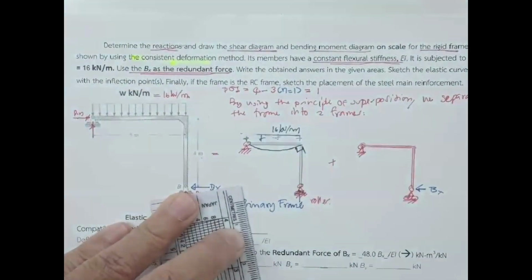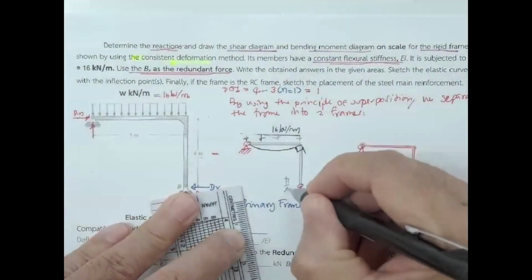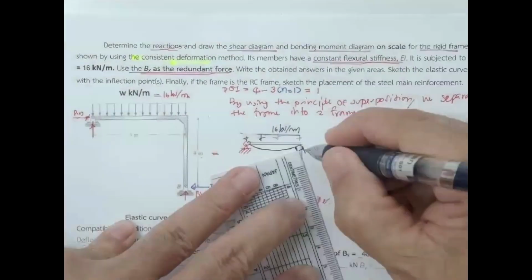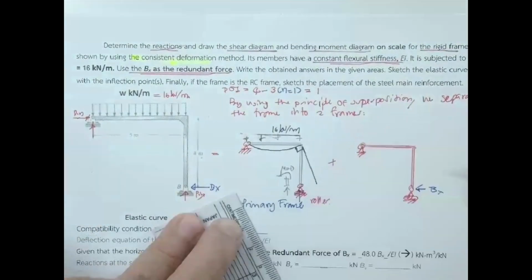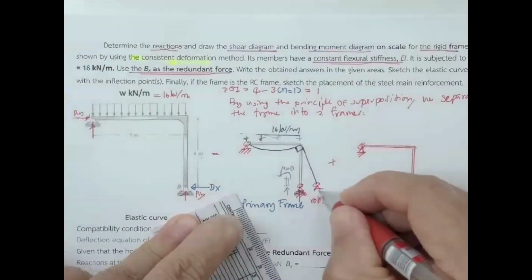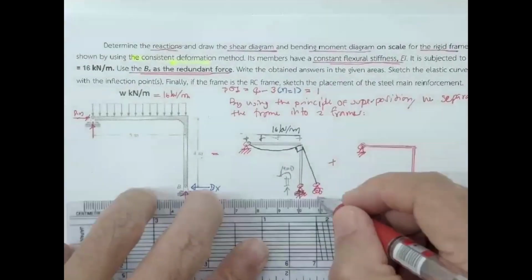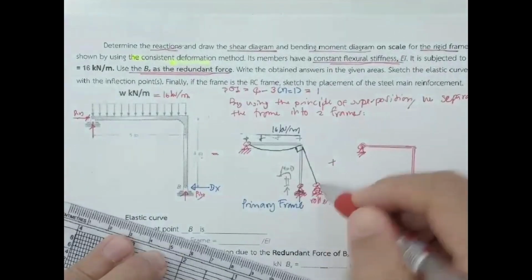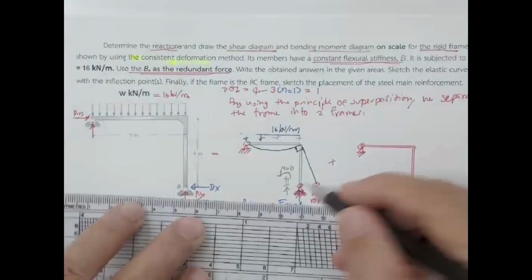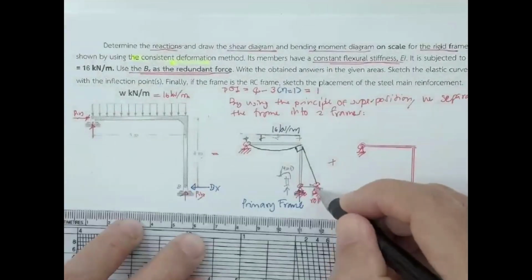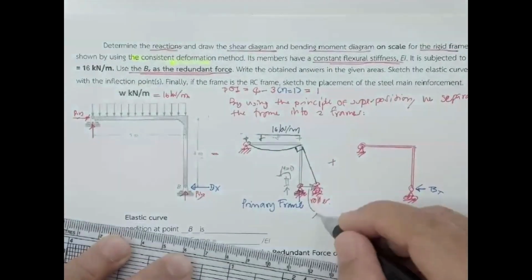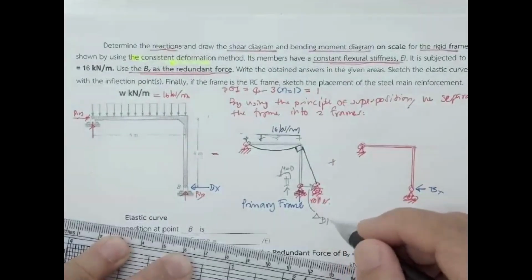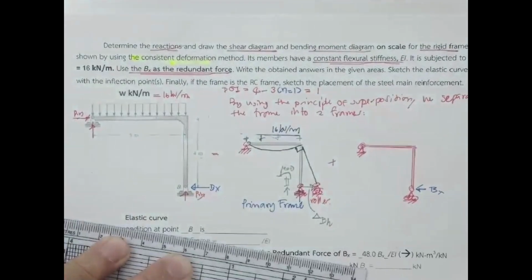This portion has no moment, as M equals 0, so this one will be a straight line. And then the deformation of point B will move to this one. We will call the horizontal displacement over here delta B sub X or sub H, whatever you like. Let's put it as sub H.